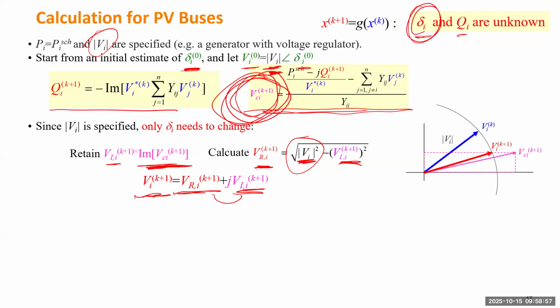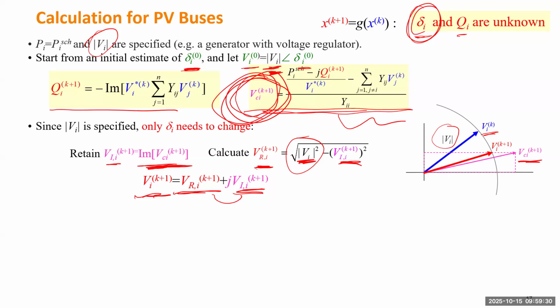To visualize what happened here, from iteration K we have this voltage phasor, and the voltage magnitude is already determined, right? Because it's a PV bus. So we can only update along this circle. We cannot leave this circle. But the iteration formula tells us to change the voltage phasor to this one, which you see is longer than the radius of the circle.